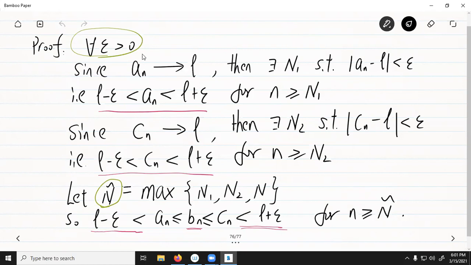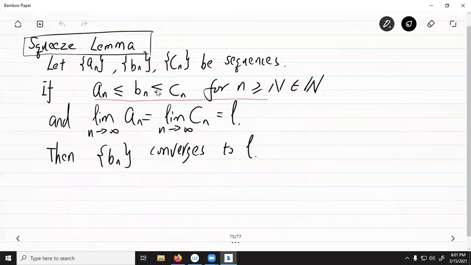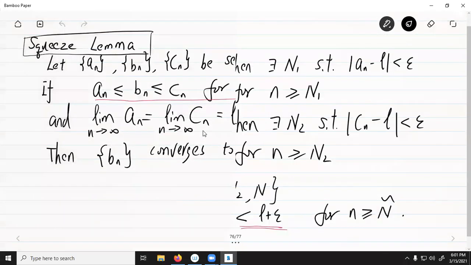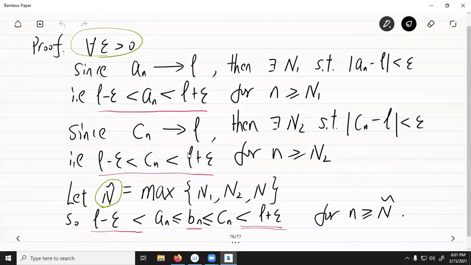You may not write this proof perfectly at the beginning, but on your scratch paper, write what it means for an to approach L. The meaning is this one. What is it for cn approaching L? The meaning is this one. What we want is this one. Then look back to our condition. It looks like we have all the inequalities, then you can think about how to combine them.